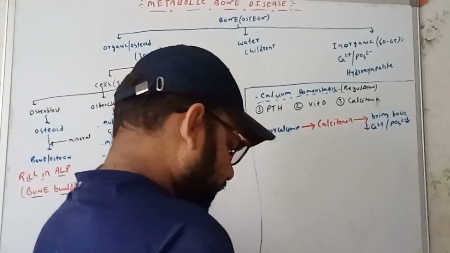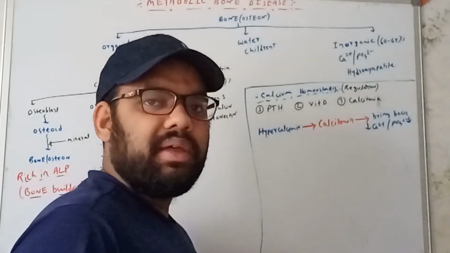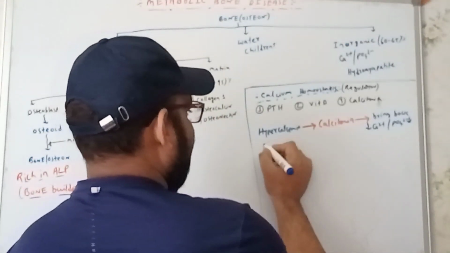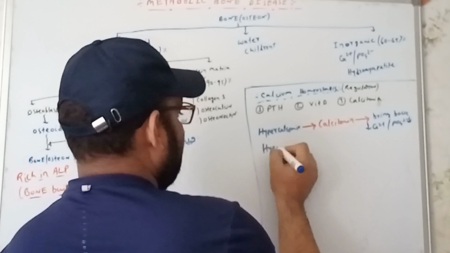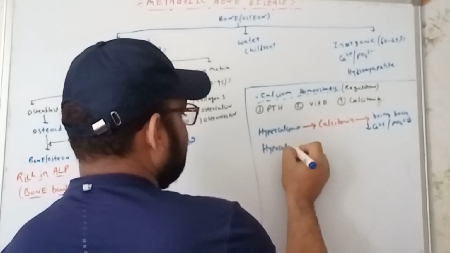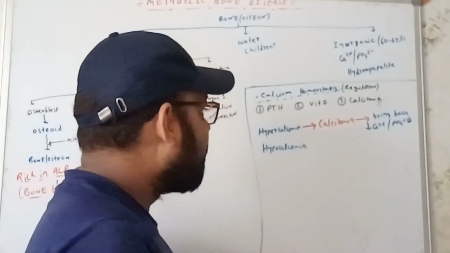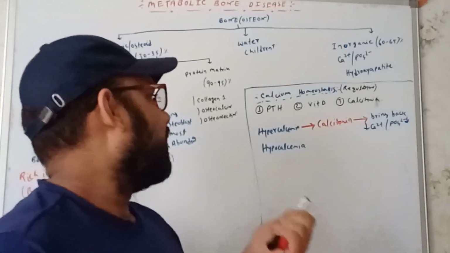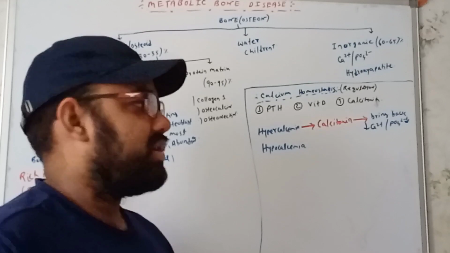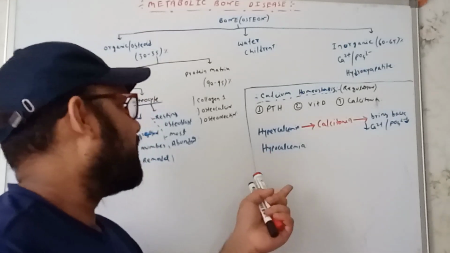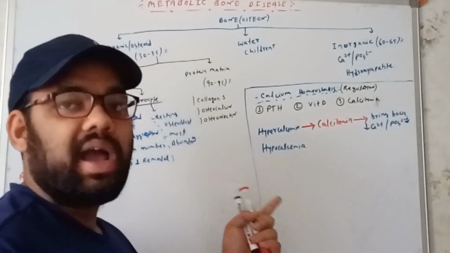The second one, if we get to see the development of hypocalcemia, that is very important. At that time the parathyroid gland will be activated. So what type of secretion will it be? It will be the secondary hyperparathyroidism.